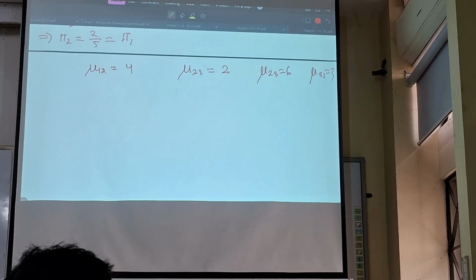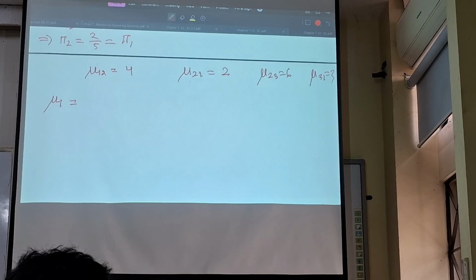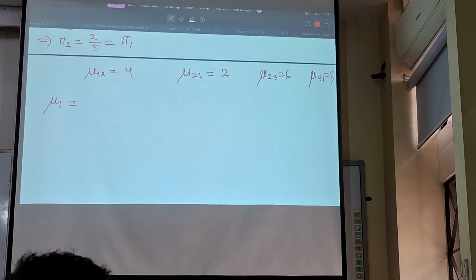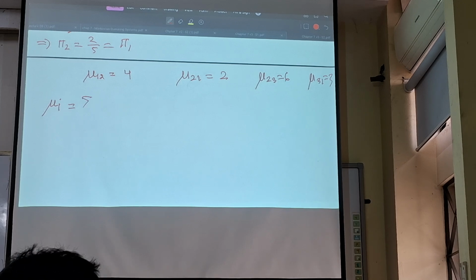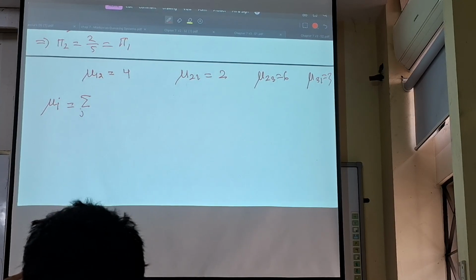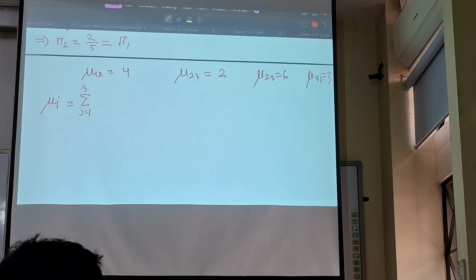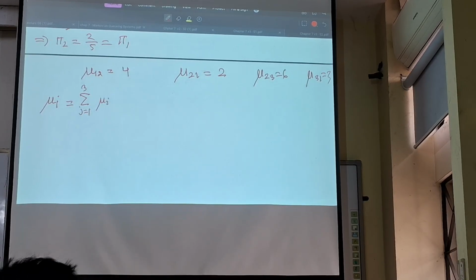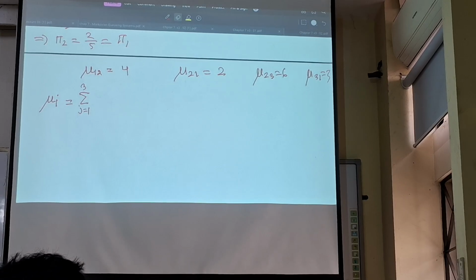Then what is the value of mu 1? Let us first write this one. Mu i is, for j equal to 1 to 3, probability P ij times mu ij.